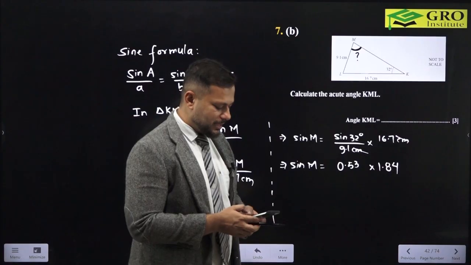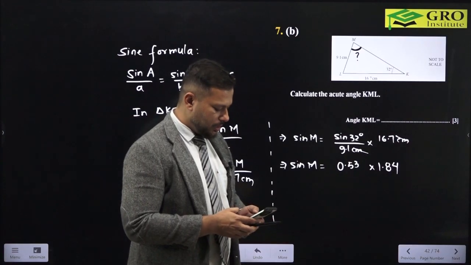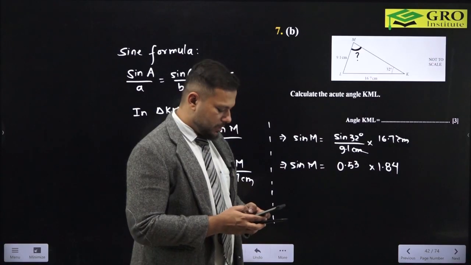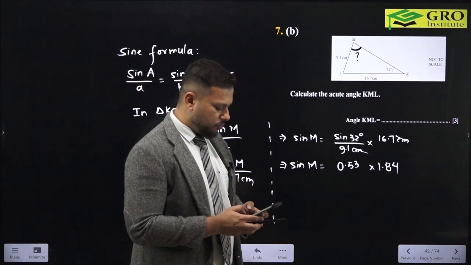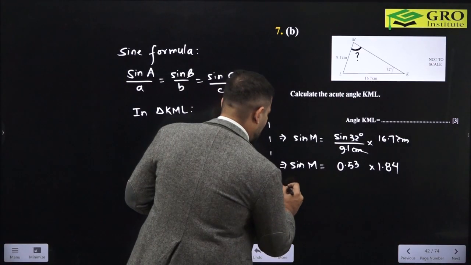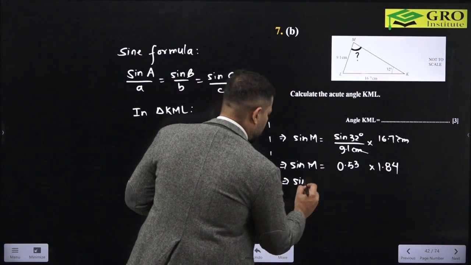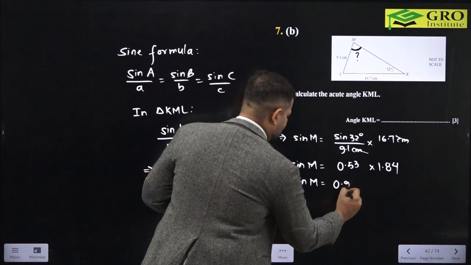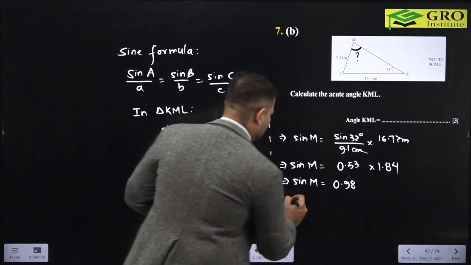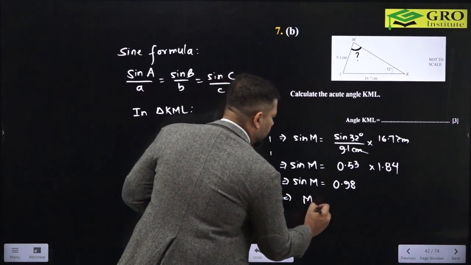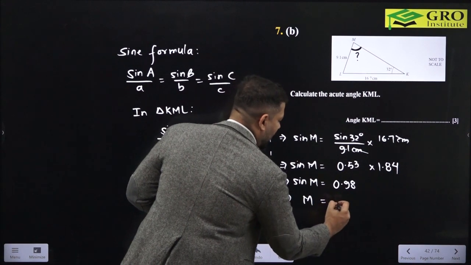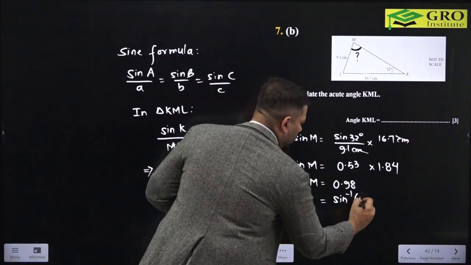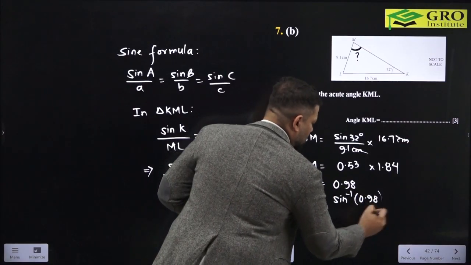Let us quickly multiply them and get our answer. So we are getting 0.53 multiplied with 1.84, and we are getting it as 0.98. And then we need to find out the inverse of this to get the angle M. So angle M is sine inverse of 0.98.